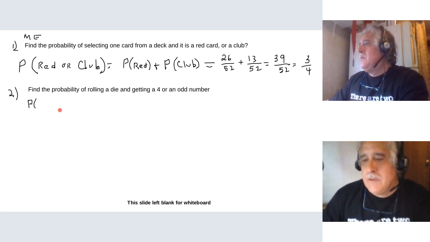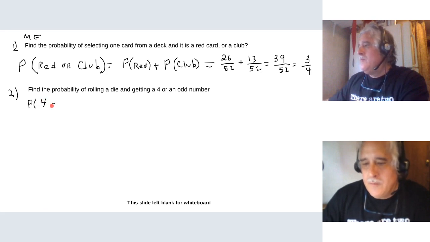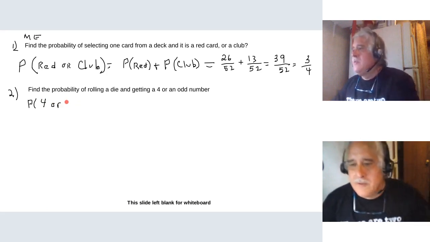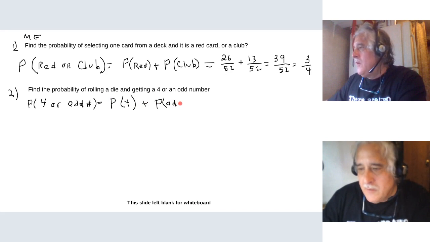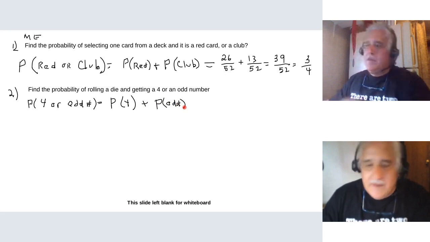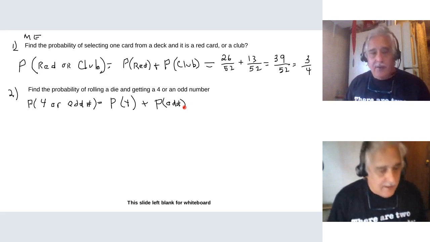All right, so a 4 or an odd. So the probability, we need the probability of the 4, and we're going to add to it the probability of the odd. And just so you realize, these are mutually exclusive because 4 is an even number, so there's no overlap.